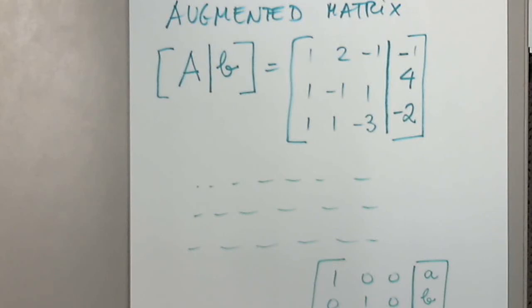And if I get to this, can you tell me how much is x? X plus 0 equals A. Can you tell me how much is y? B. Can you tell me how much is z? C. That's it. What I have to do is work between that step and this step.